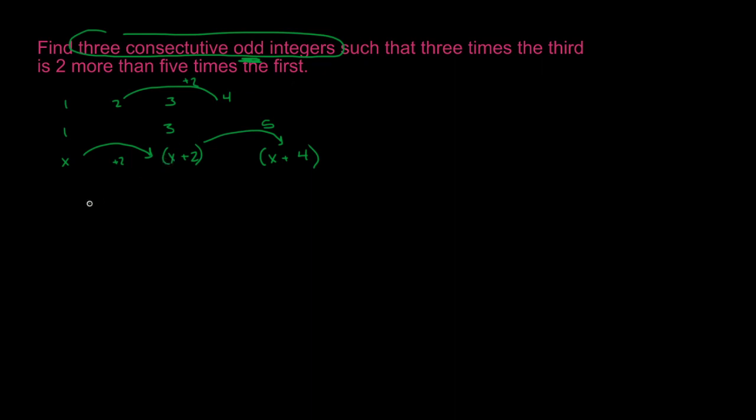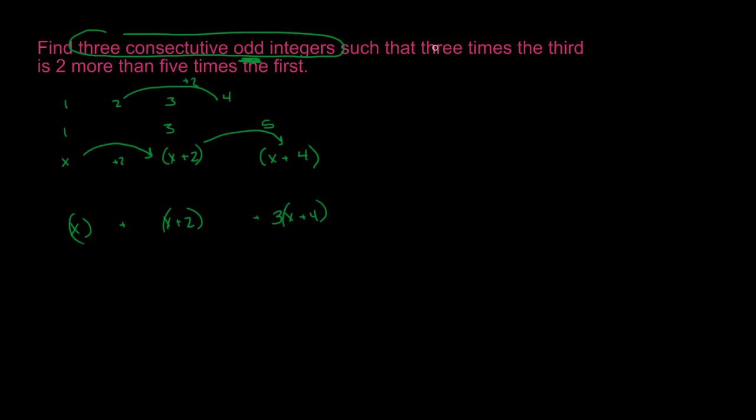So we have this part. We know that the integers are here: x, x plus 2, x plus 4. But there's more, such that 3 times the third. Okay, so we know that the third number is x plus 4.